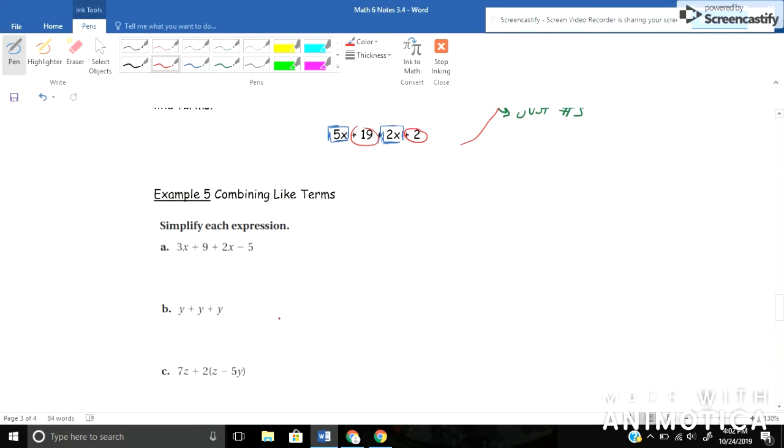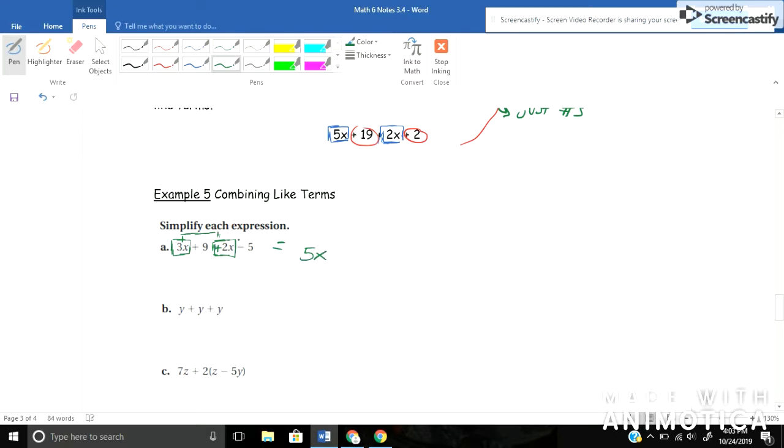It says, combining like terms, simplify each expression. Okay? So I have 3x plus 9 plus 2x minus 5. Looks like quite a bit of mumbo jumbo here, but just find your like terms. So I've got 3x, and I have another term that has an x, and I'm going to also circle or box the operation in front, so it was plus. So if I have 3 x's, and I add 2 x's to that, now how many do I have? 5 x's.